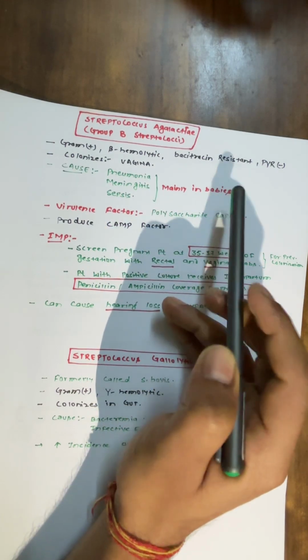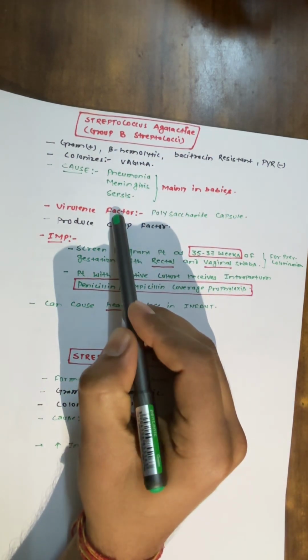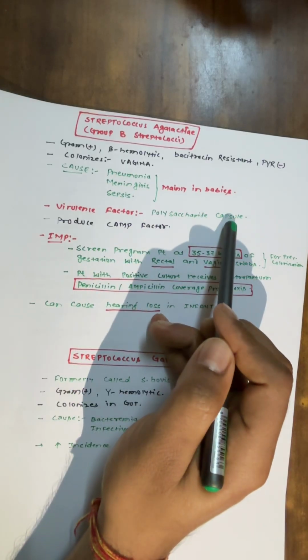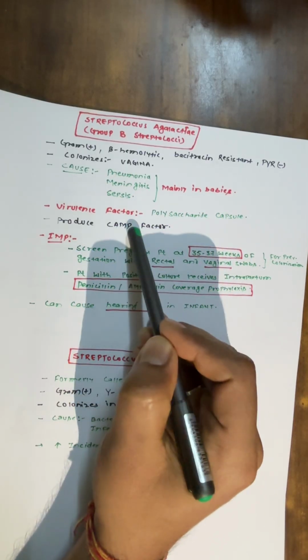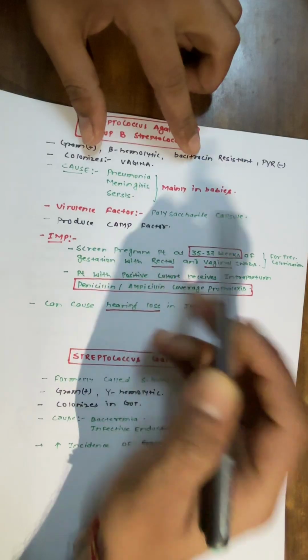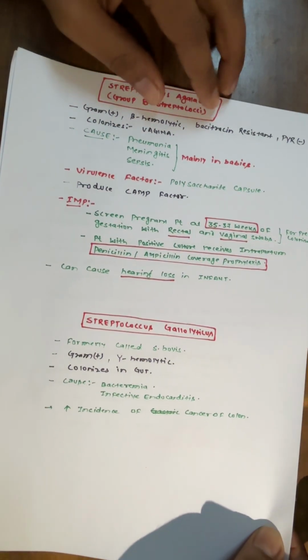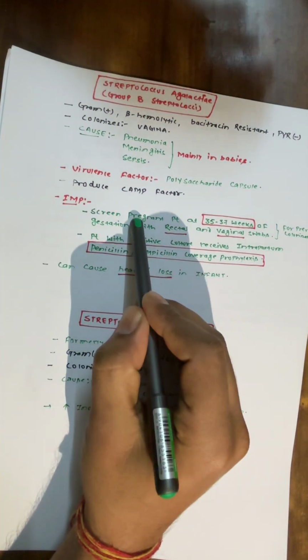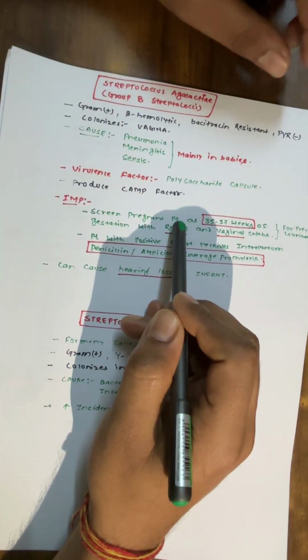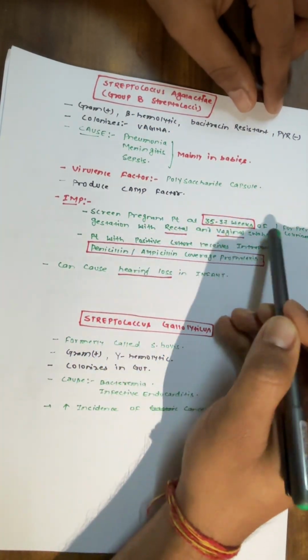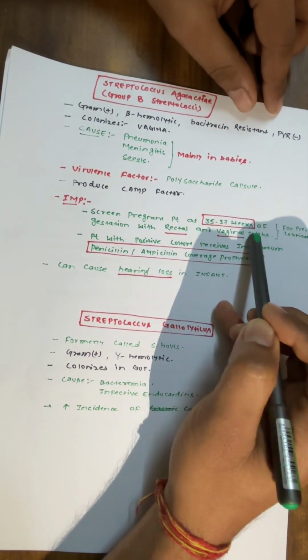Now we'll talk about its virulence factors. Its main virulence factor is the polysaccharide capsule, and it also produces CAMP factor. The main clinical importance in this disease is to always screen patients at 35 to 37 weeks of gestation with a rectal or vaginal swab.